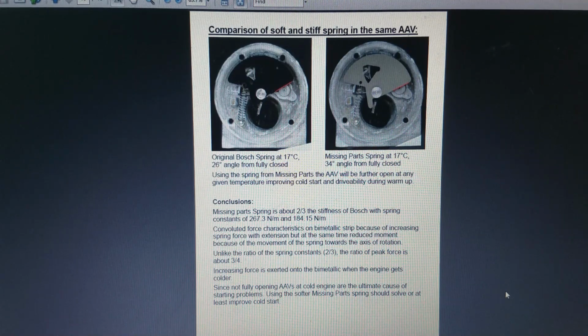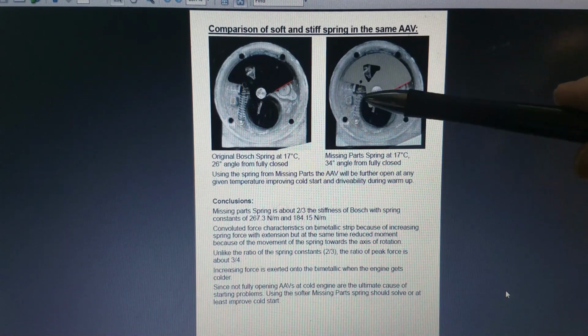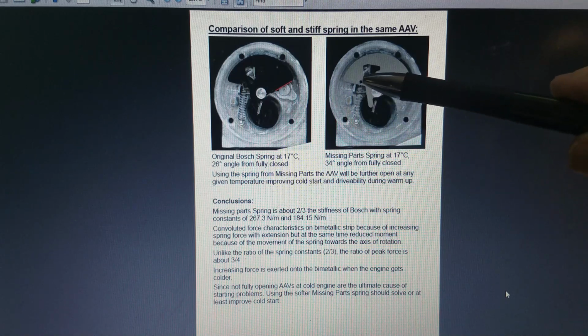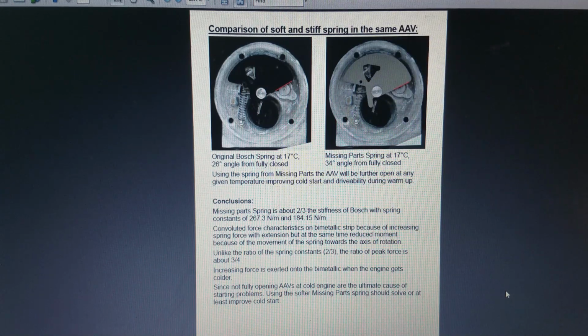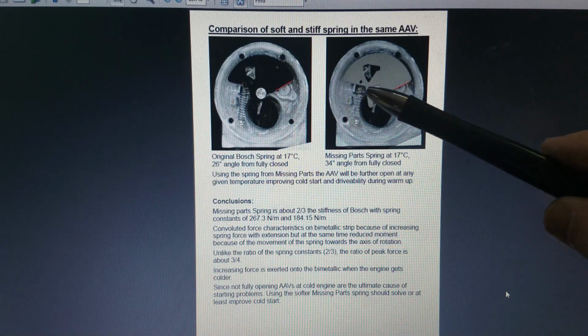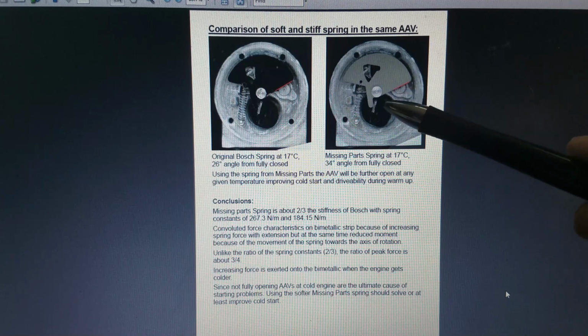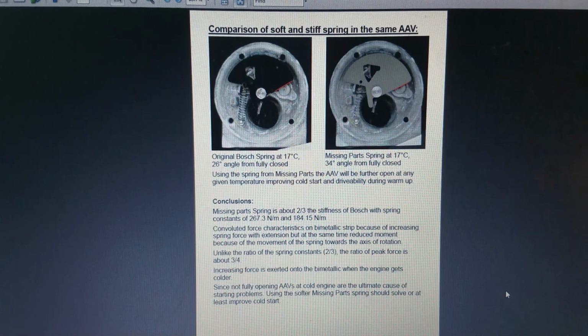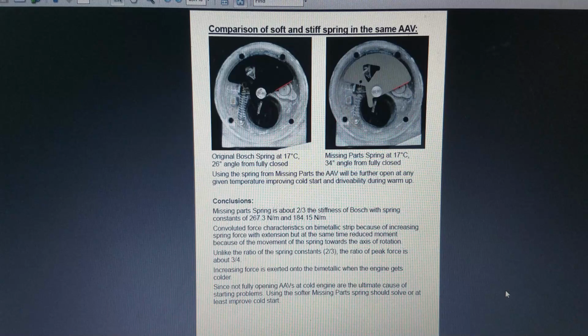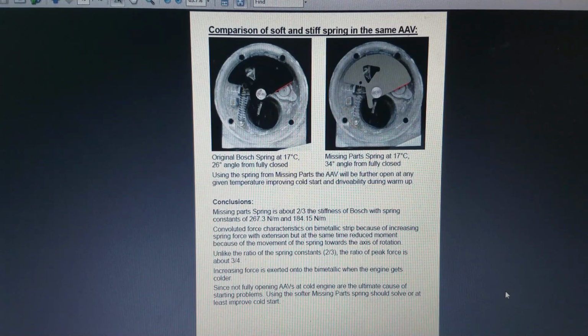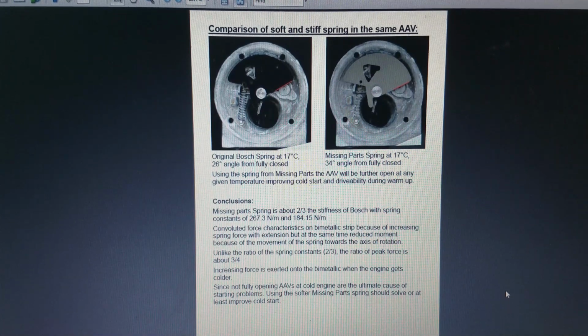The force characteristic is a bit convoluted, and that is because the spring, as it is being extended, exerts more and more force on the shutter, but at the same time it moves inward, and that torque is being reduced, which makes it a little bit easier on the bimetallic strip.